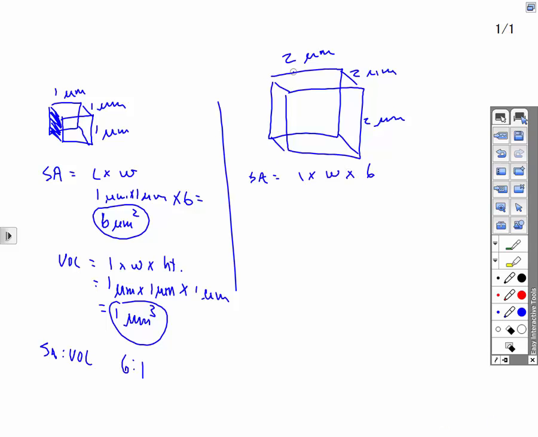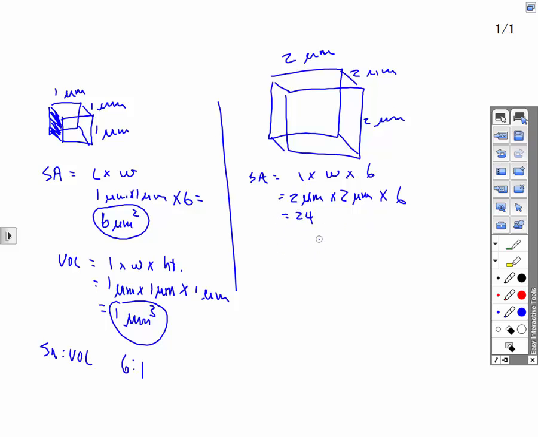The length is 2 micrometers, my width is 2 micrometers, and then I have 6 sides. 2 times 2 is 4, times 6 is 24.